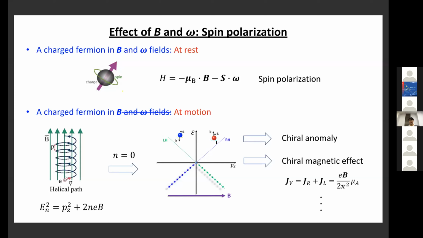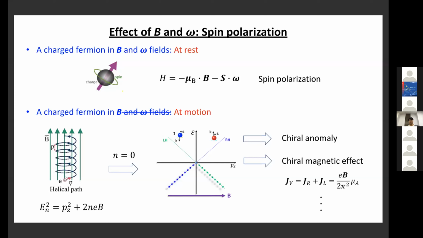For example, here the cartoon shows that the spin is polarized upward, namely along the magnetic field. In this case, the right-hand fermion will move along the magnetic field because for a right-hand fermion, its momentum is parallel to its spin direction.